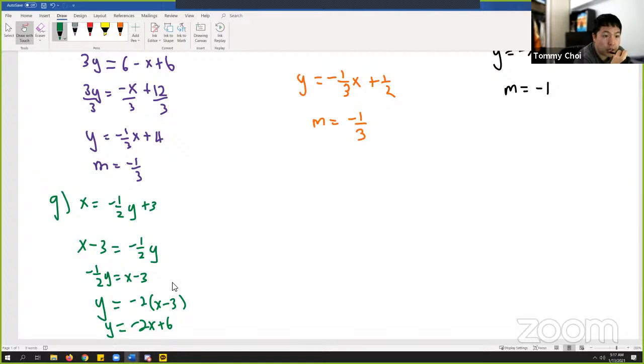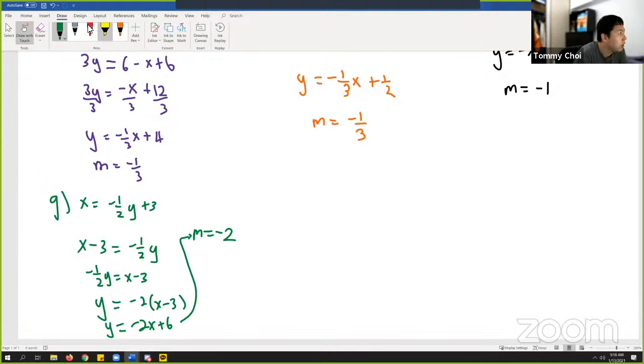Because when you divide by a fraction, you flip the reciprocal. 0.5 is 1 half, right? So dividing by 1 half is multiplying by 2. But since we're dividing by negative 1 half, we're multiplying by negative 2, right? You always multiply the flip of the fraction when you're dividing it. So my final slope here, I'm going to get m is equal to negative 2.